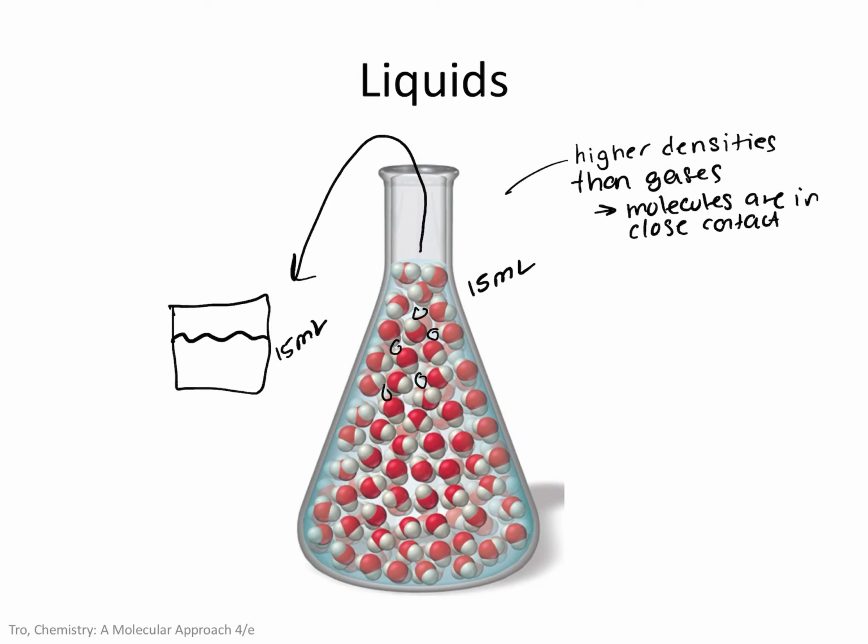So because they are still attracted towards each other, they can't escape, but they have that tiny little bit of freedom in the fact that they're not super close together. They have a little bit of movement, so they can take the shapes of the containers. So that's what makes them different than solids. Solids are always going to be super, super compact and tight, so it doesn't matter where you place them.